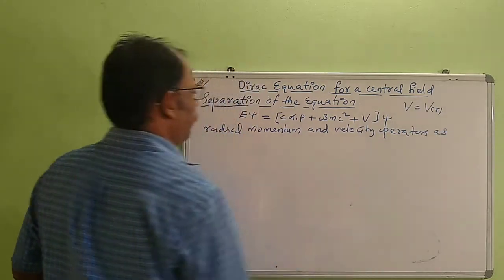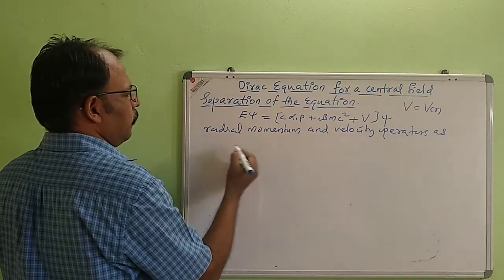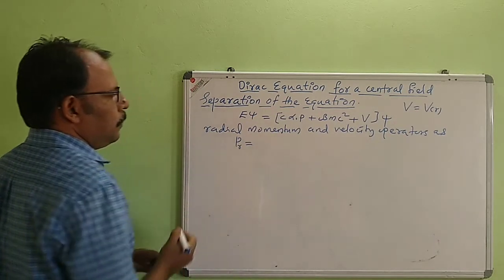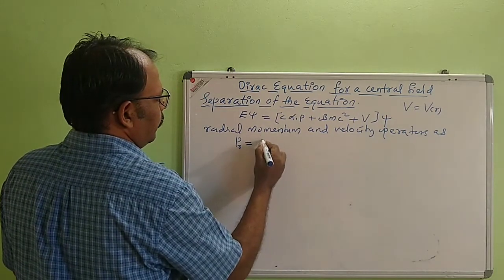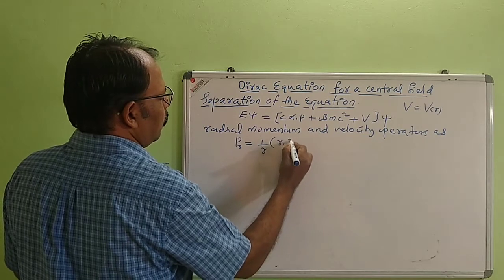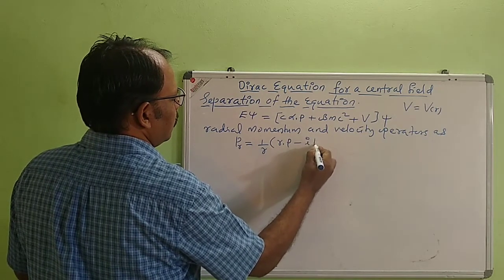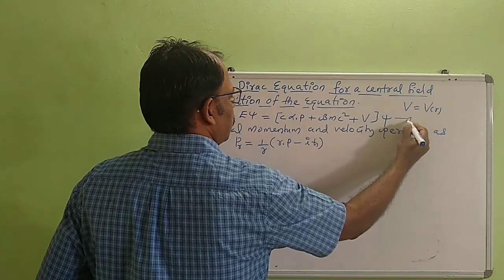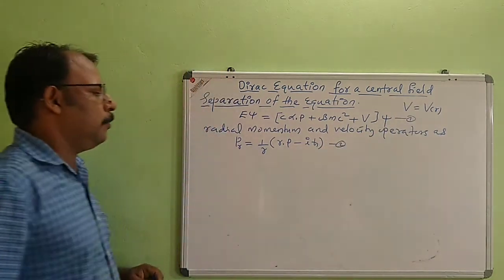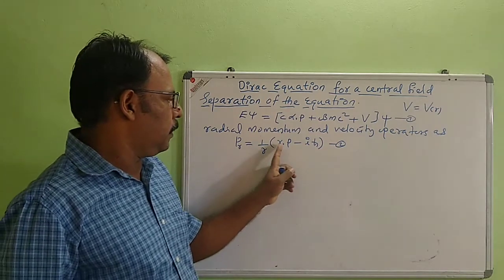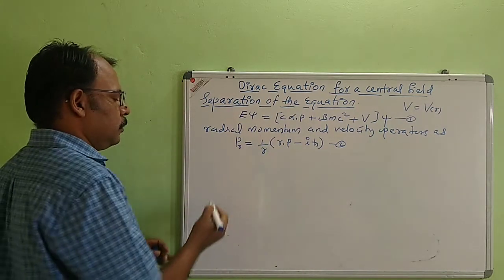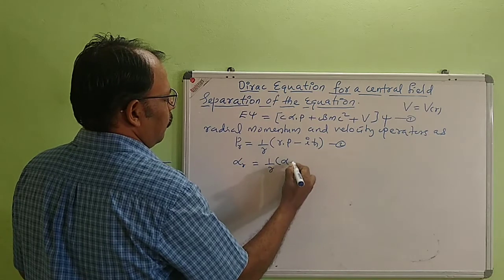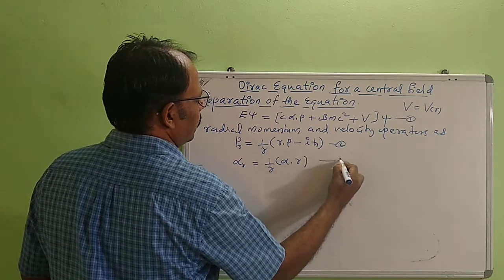The radial momentum operator is defined as P_r equal to 1 by r, r dot P minus i h bar, this is equation number 1, and the velocity operator as alpha_r equal to 1 by r, alpha dot r. This I am taking as equation number 3.